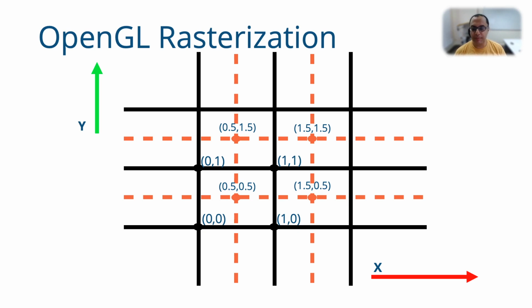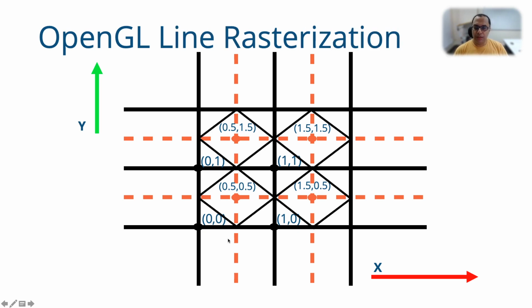To make matters clear, I have given them these coordinates. Now also consider the diamonds that you get by joining the midpoints of the sides of every pixel. The reason for considering these diamonds will become clear soon.